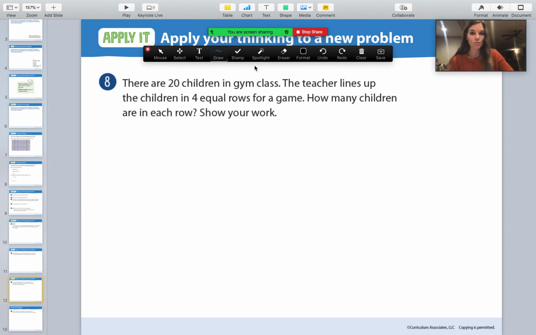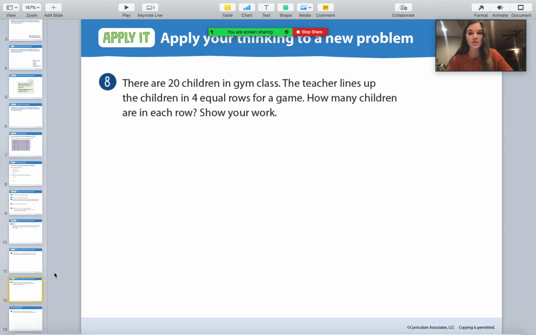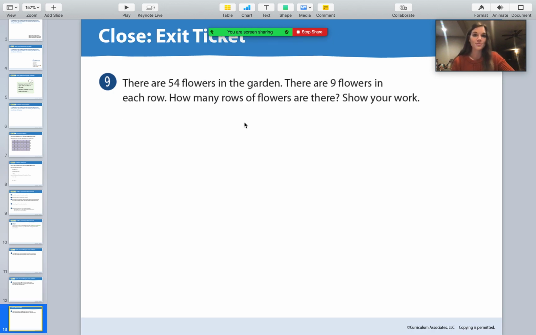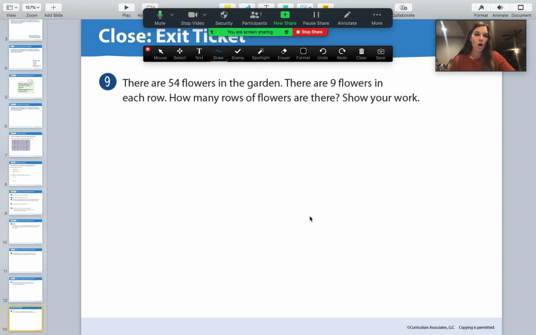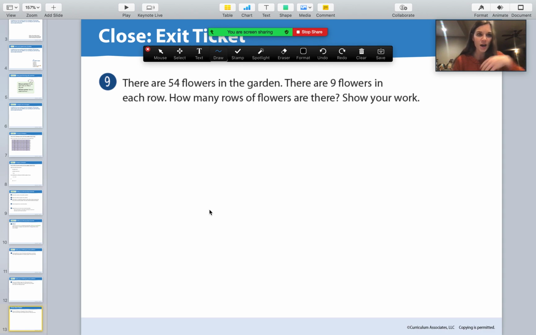Okay, we have one more equation left. Again, I will help you set this one up, but I want you guys to do it on your own. All right. There are 54 flowers in the garden. Is that how many there are altogether? Yes. So we know right now that since we know the number altogether, it'll be a division equation, right?